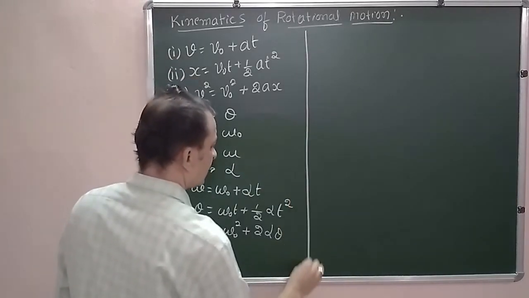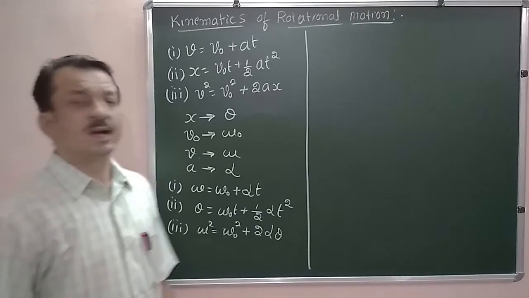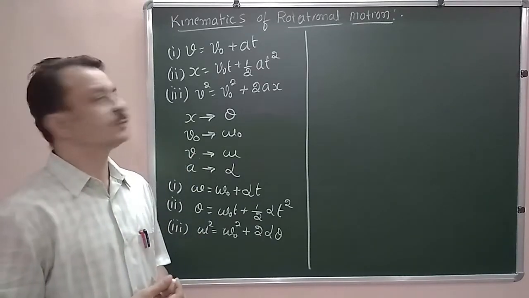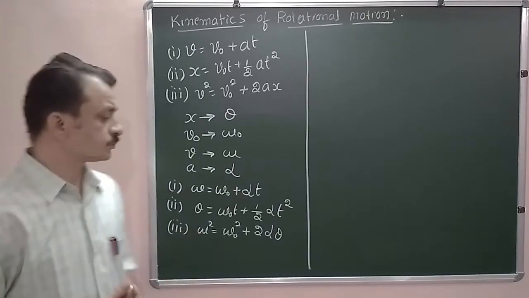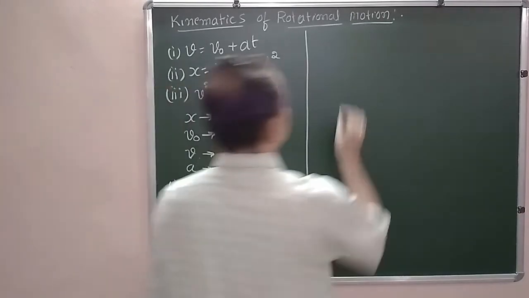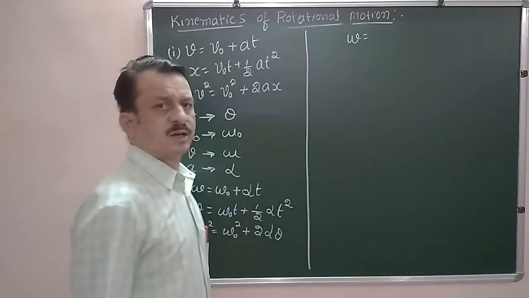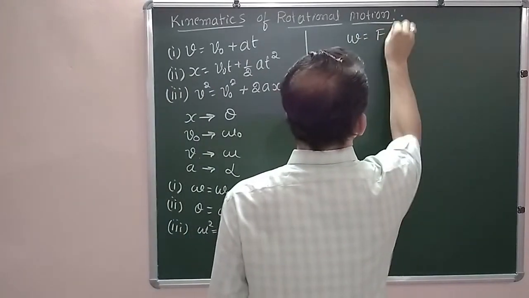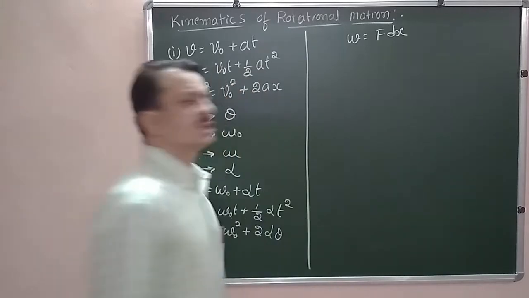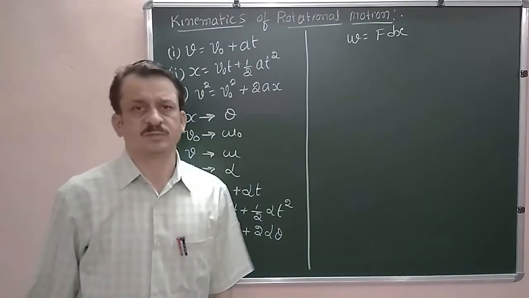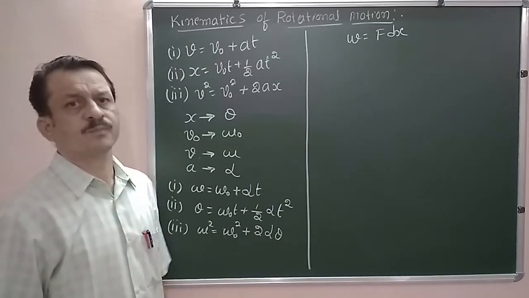In the same manner, we are going to study the dynamics of rotational motion. We know that in linear motion, work done is given by force into displacement, F into dx. So that is work done in the case of linear motion or translatory motion.